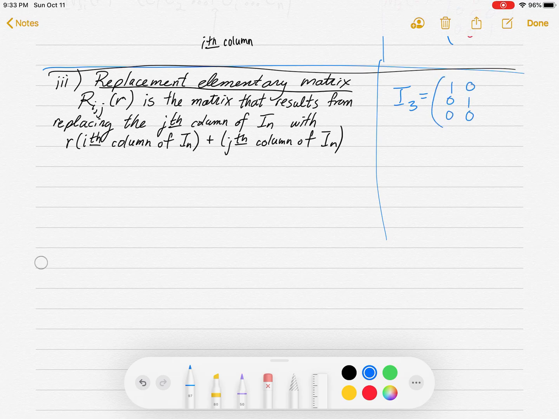Okay, that's a mouthful. So let's actually give an example here of a replacement type elementary matrix. Let's say you start off with the identity I3. That has epsilon 1: 1, 0, 0; epsilon 2: 0, 1, 0; epsilon 3: 0, 0, 1. And you want to look at, I don't know, capital R, R 2,3 of 5.